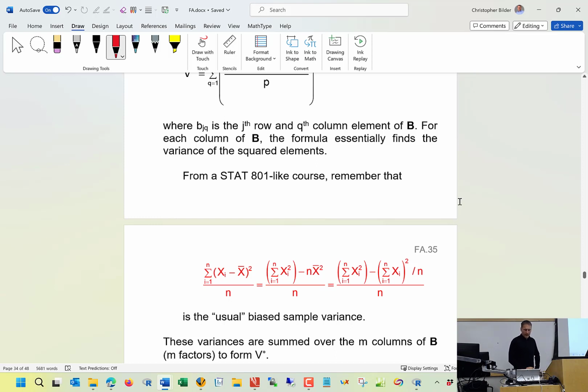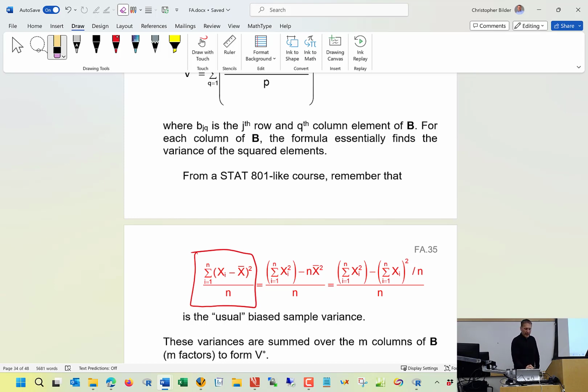So, in your first stat course, you learn about the sample variance expression. Let's say that our data is in the x's. We had a sample variance that looked like this: sum of the xi's minus x bar squared divided by n minus 1. Let's just work with the biased version of this to match up with what actually is going to end up happening for us.